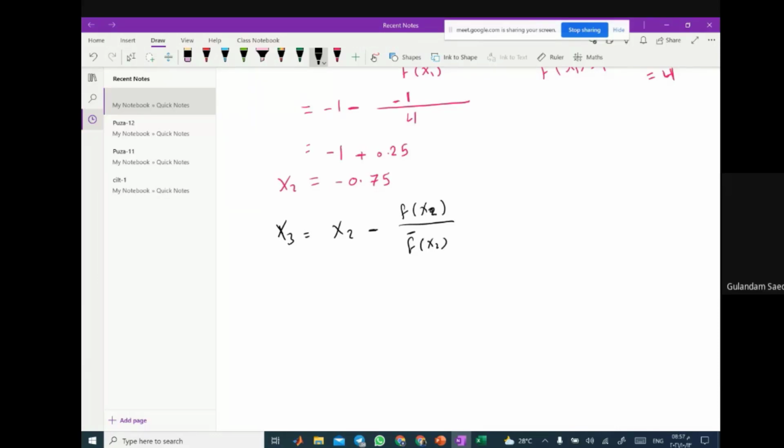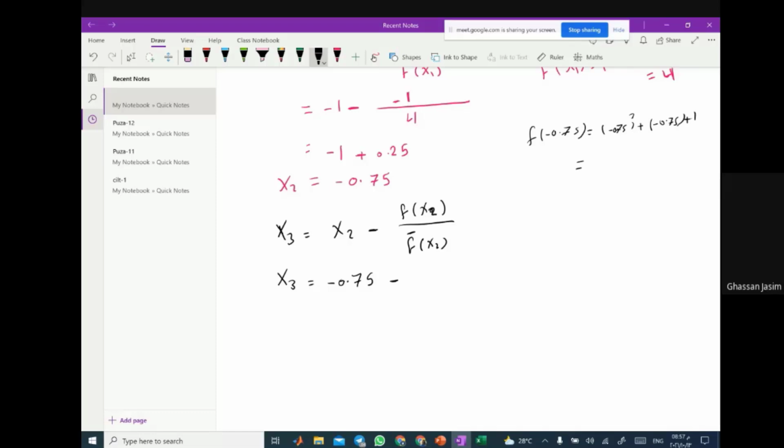Now x3 will be x2, minus 0.75, minus, and let's find f of x2. It will be f of minus 0.75, which equals minus 0.75 cubed plus minus 0.75 plus 1.